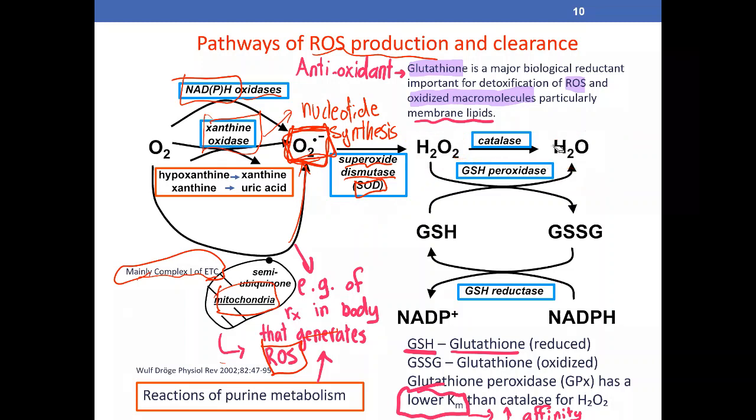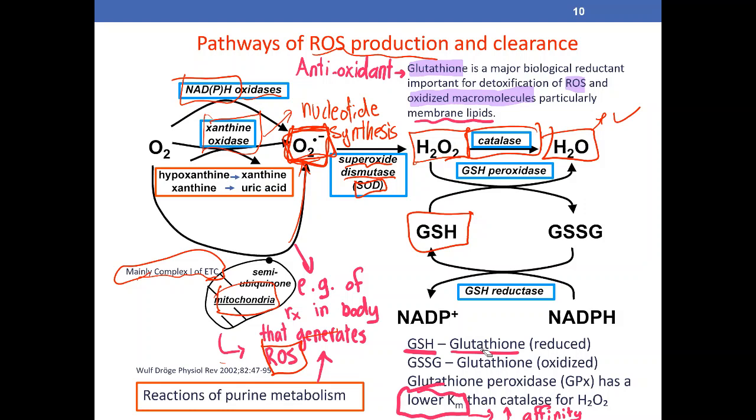Now, how it turns it into water is done through another enzyme known as catalase. Catalase converts hydrogen peroxide into water. And obviously, water is not toxic. So yeah, it's good. How it does it is through another molecule right here, known as glutathione, reduced glutathione.